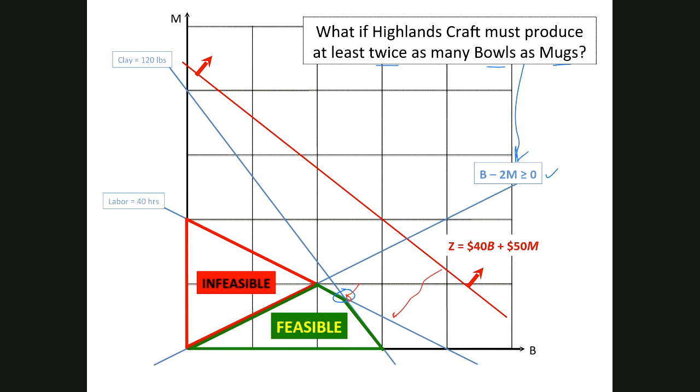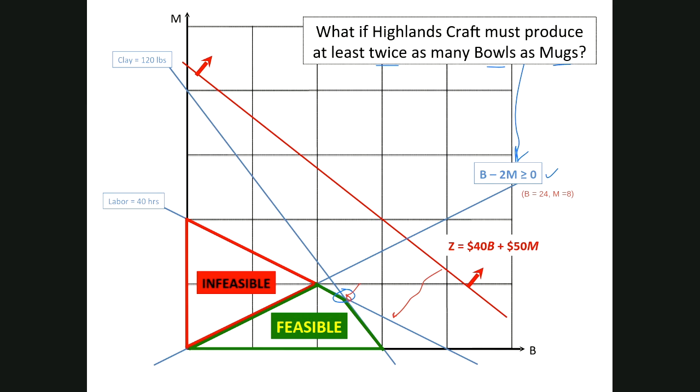That we had bowls was 24 and mugs was 8. And if you'll notice, certainly our bowls, we've made twice as many bowls as mugs. We've made 8 mugs and we've made 24 bowls.